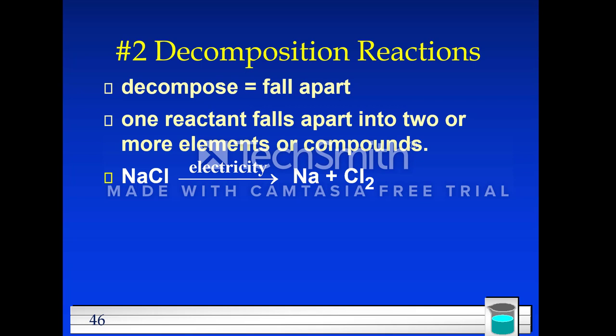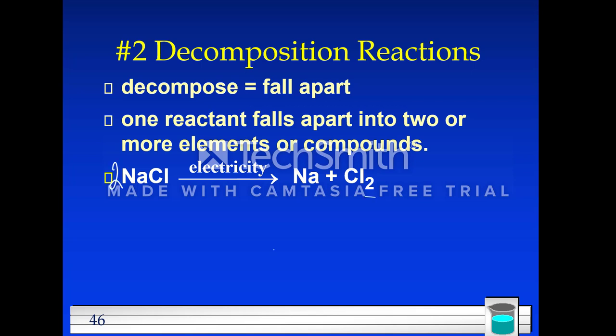So if I pass electricity through sodium chloride, what happens to sodium chloride is it was hooked together, now it's separate. So I make sodium and chlorine. Sodium can be by itself, it's not one of the 7. Chlorine can't be by itself, it is one of the 7. So I separated them, wrote the right formulas, now I have to balance.